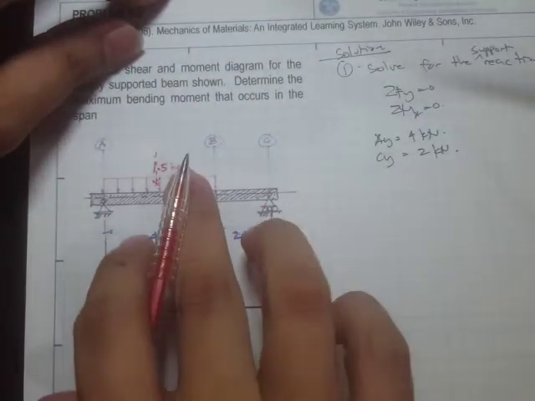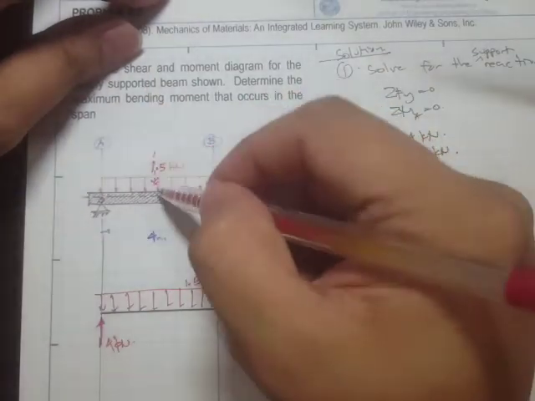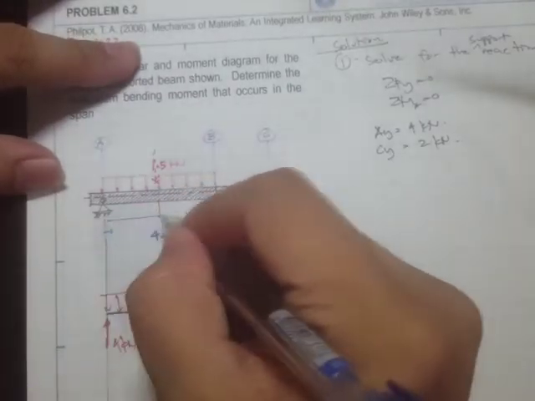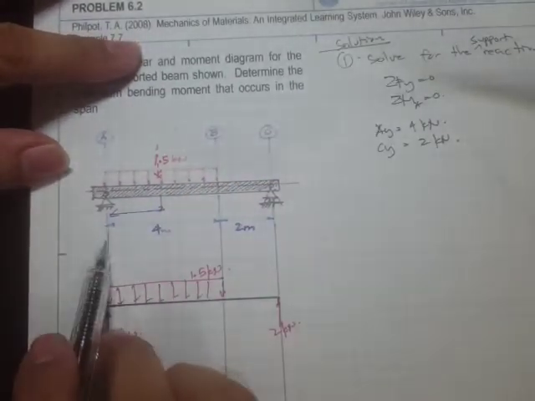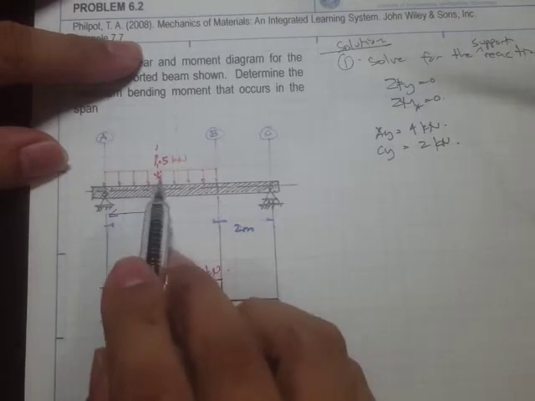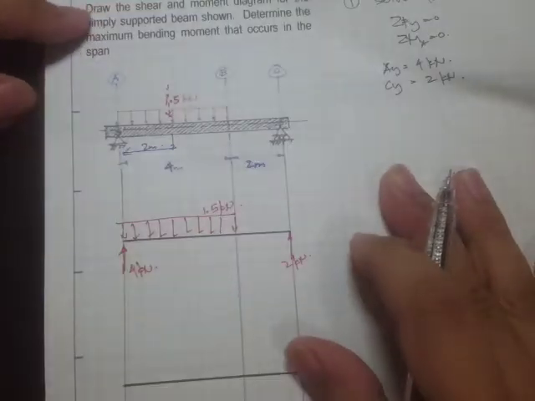We just multiply this 1.5 kilonewtons by the 4 meters to get this value. And if you take this distance as well, then you can take the moments. Since this is just a rectangle, the centroid, or center point, would be at 2 meters.